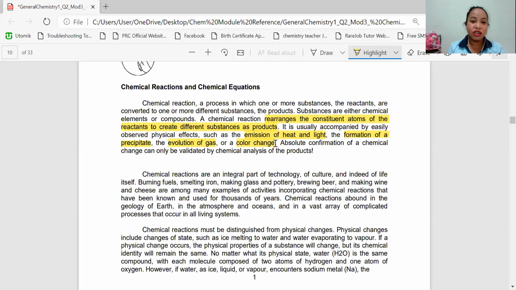A banana can also go from yellow to brown. So it means there's a change of chemical composition. It means there is a rearrangement of the constituent atoms inside the fruit. The definition of a chemical change can only be validated by chemical analysis of the product. What then?